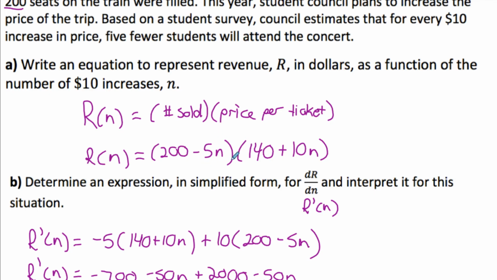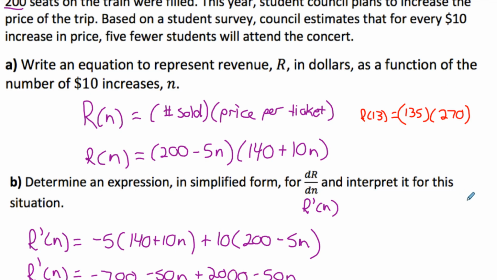So R at 13 would equal 200 minus 5 times 13, that's 135. So we'd sell 135 tickets. And if I plugged 13 into N here, I'd have 130 plus 140, that's 270. Each ticket costs $270. That's an expensive ticket.